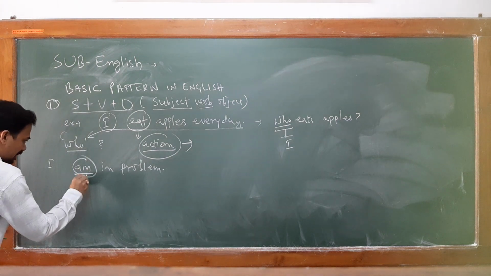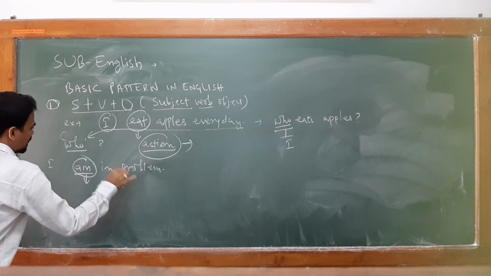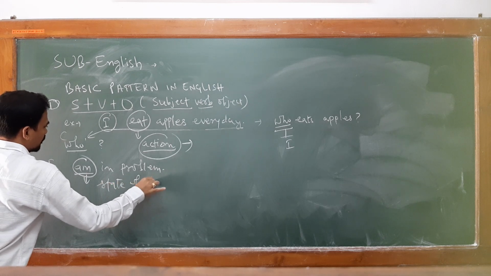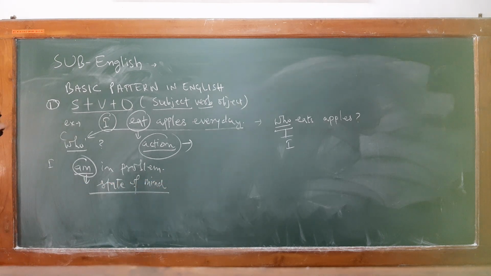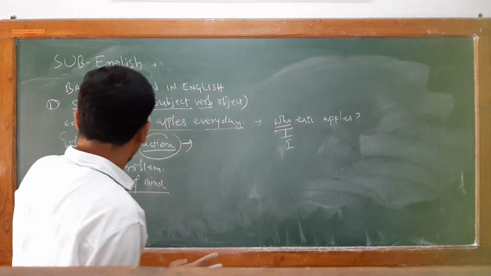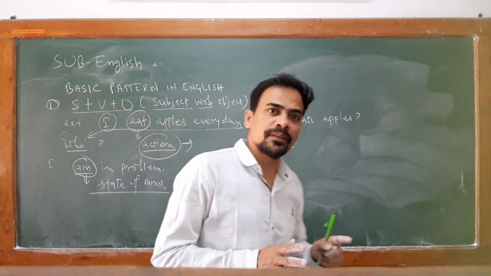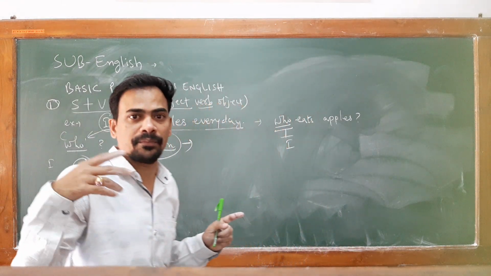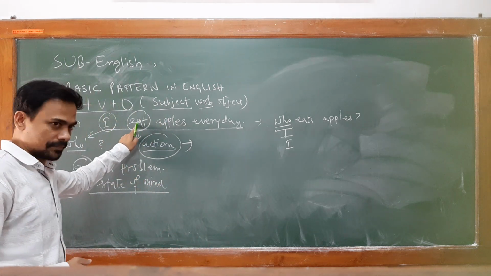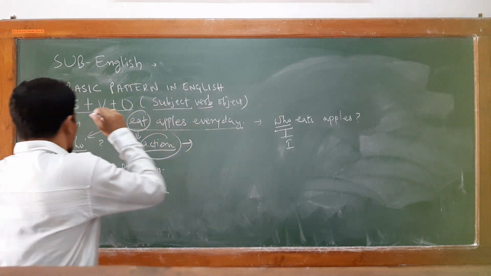It denotes your state of mind, whether you are in trouble or in dilemma, so it denotes something very different. But mostly, your main verb will obviously denote action. Action word itself is verb.